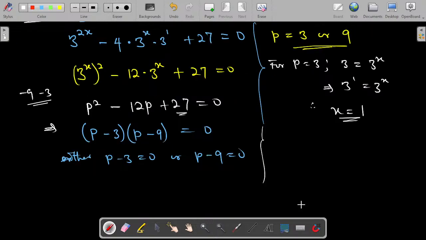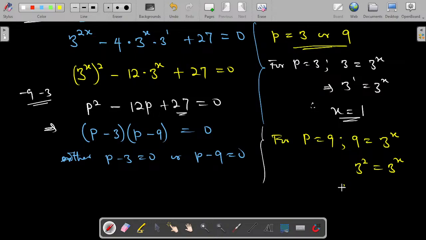Okay, and then for the second one, you have that for p equal to 9. What it means is that 9 is equal to 3 to the power of x. And what is 9? You try to put it in base 3, which will give you 3 to the power of 2 is equal to 3 to the power of x.